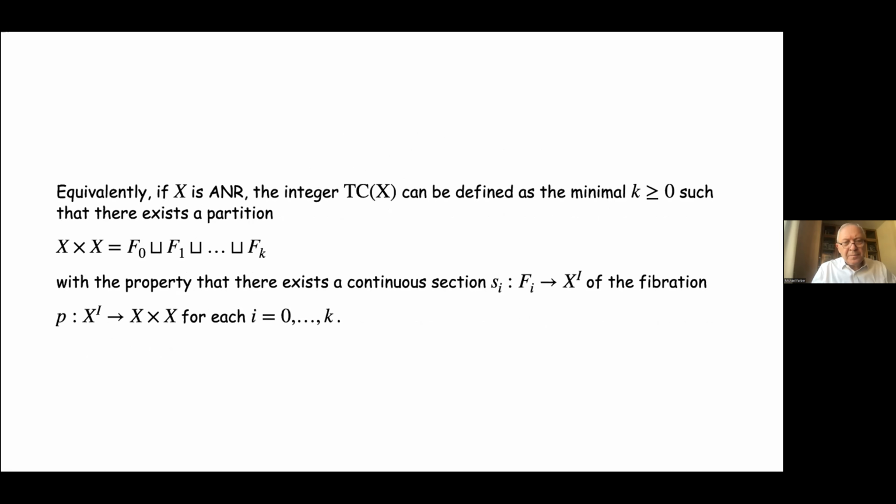There is an equivalent definition of this TC(X), which is more convenient and more obviously related to algorithms. This definition says that TC(X) is the minimal non-negative integer k such that there exists a partition. So now it is not a cover, it's just a partition. The sets F0, F1, ..., Fk are arbitrary, with the only property that we require that each of them admits a continuous section of this path fibration P.